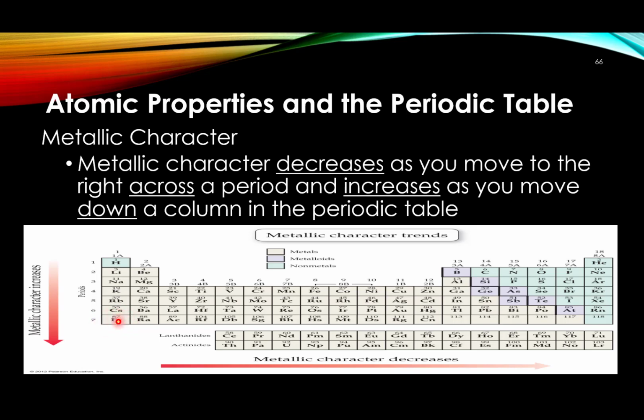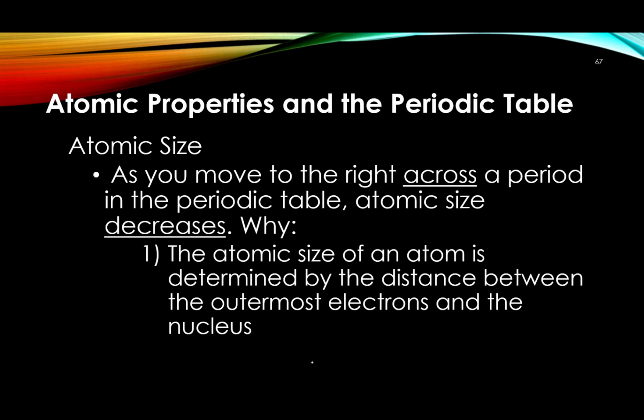Now, we talked about ionization energy and we talked about metallic characteristics. Now let's talk about the atomic size. As we go on the same period on the periodic table, the atomic size decreases.